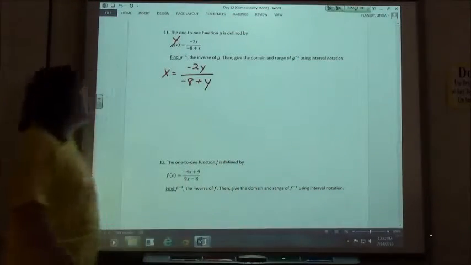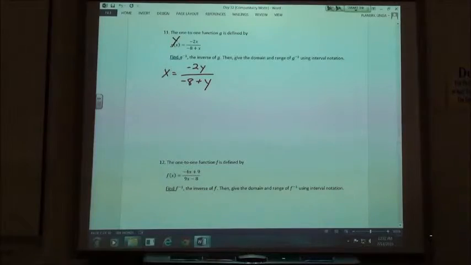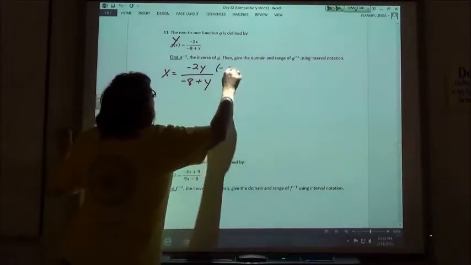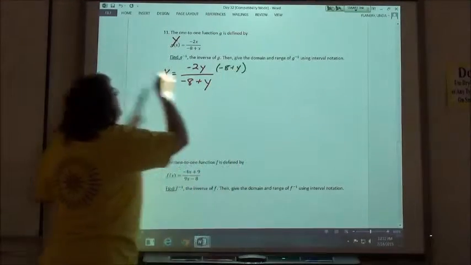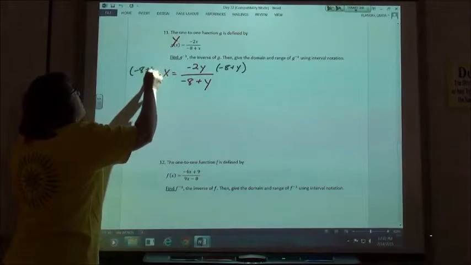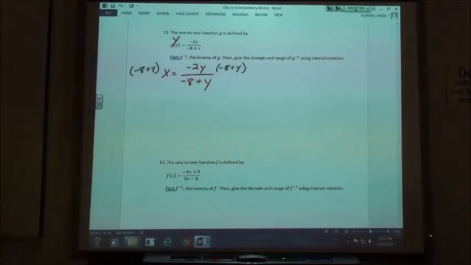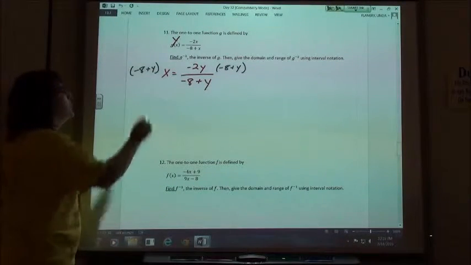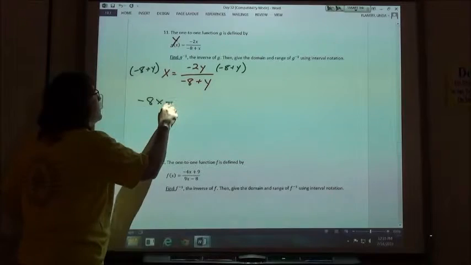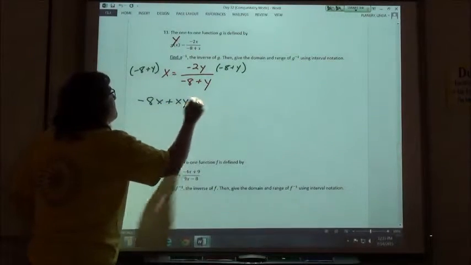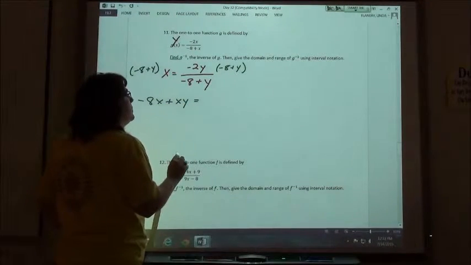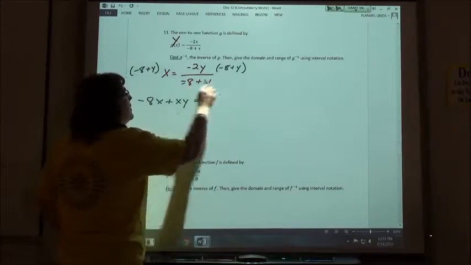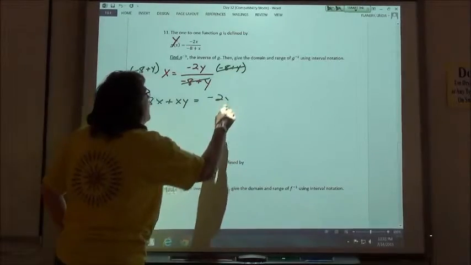Solving that for y, getting rid of our fraction, we're going to multiply by our negative 8 plus y, and then we would have what? Equals our negative 2y, right?